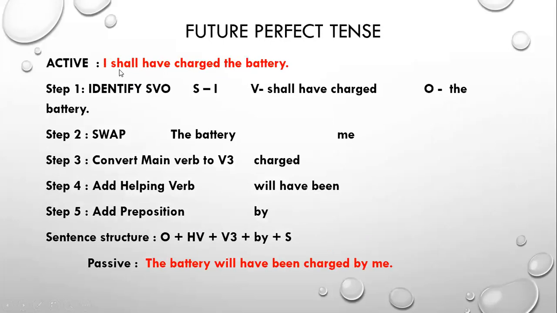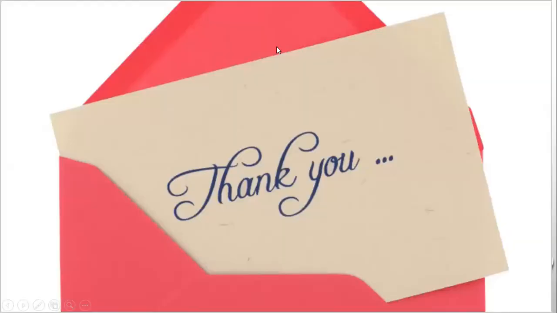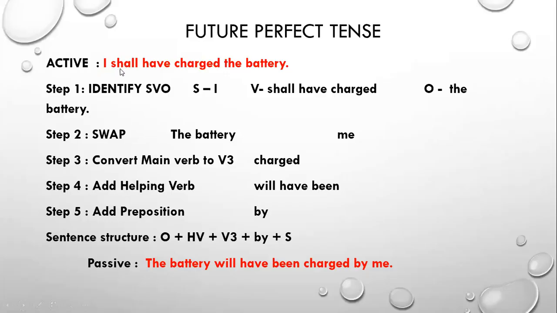The last tense is future perfect tense. The example is I shall have charged the battery. Now see, I have used shall with I, and you know it very well that with first person we always use shall. I or we के साथ हम shall use करते हैं, तो I have used shall here.